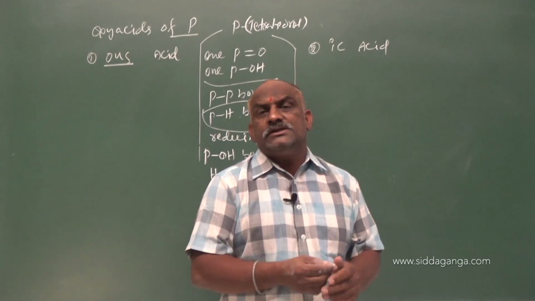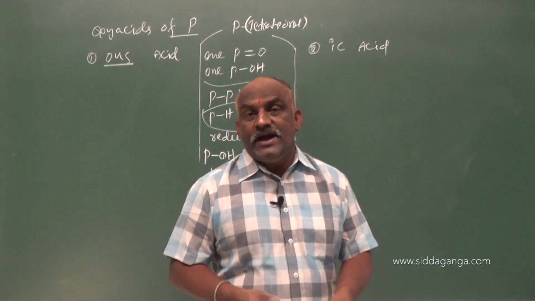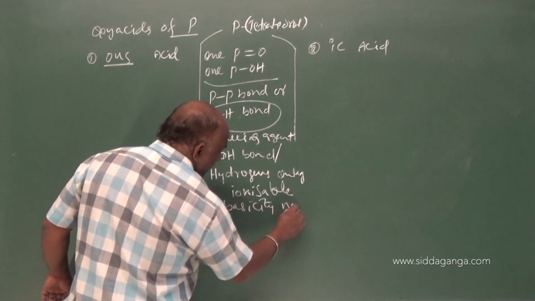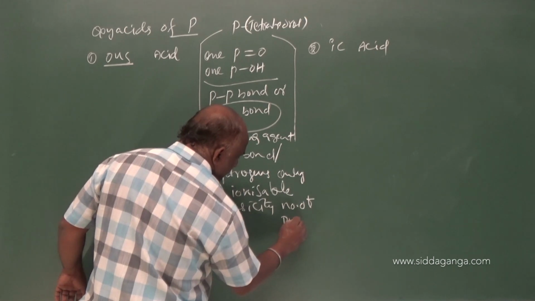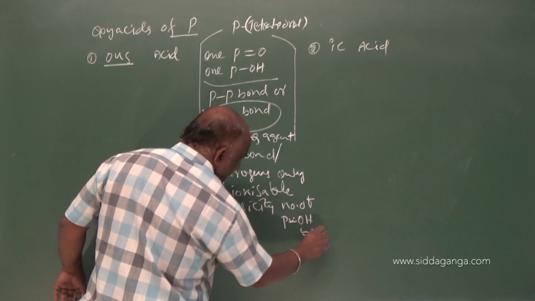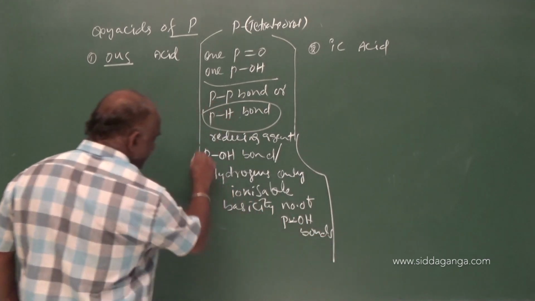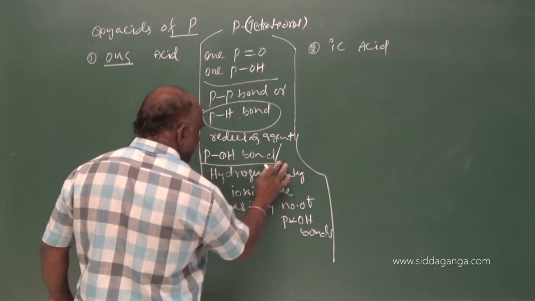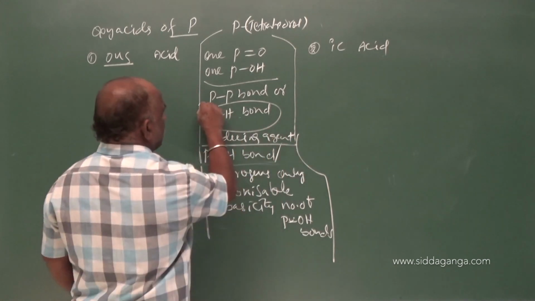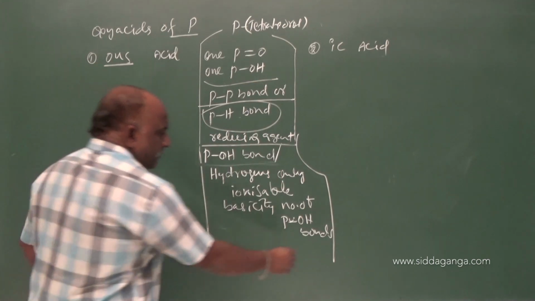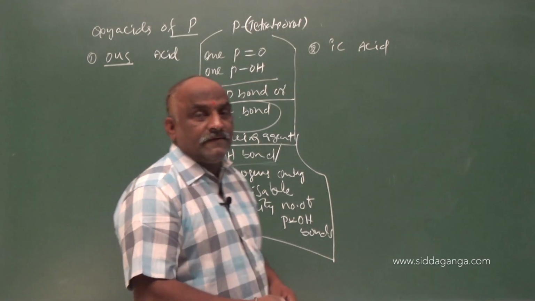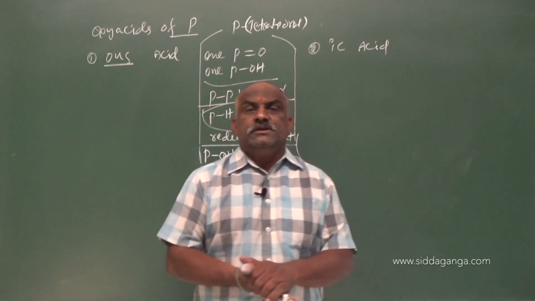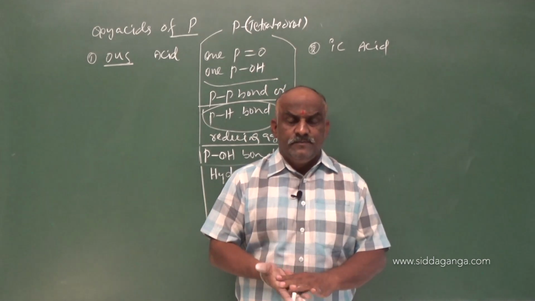How many P-OH bonds are there? That is the deciding factor for basicity. So remember, this is very important. The number of P-OH bonds is the deciding factor for basicity.